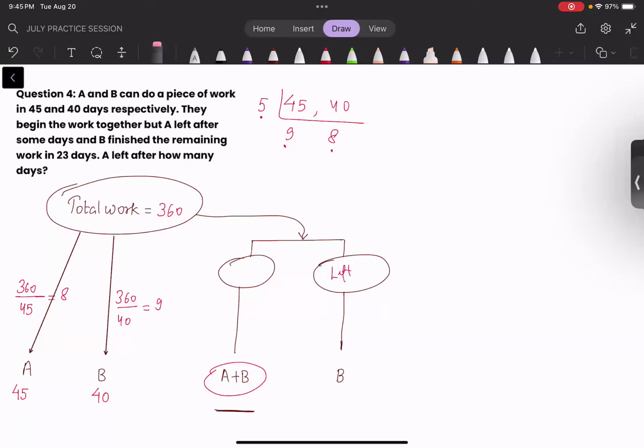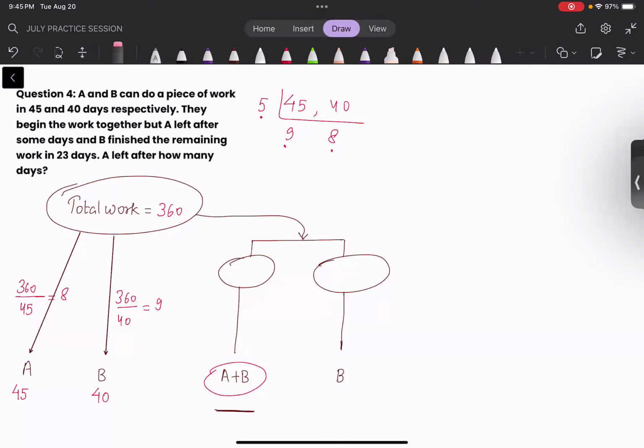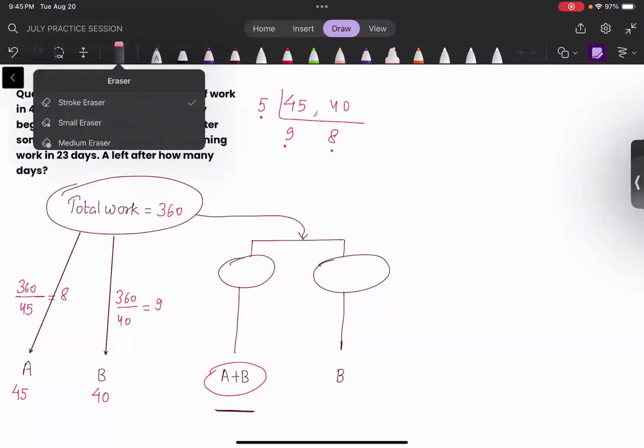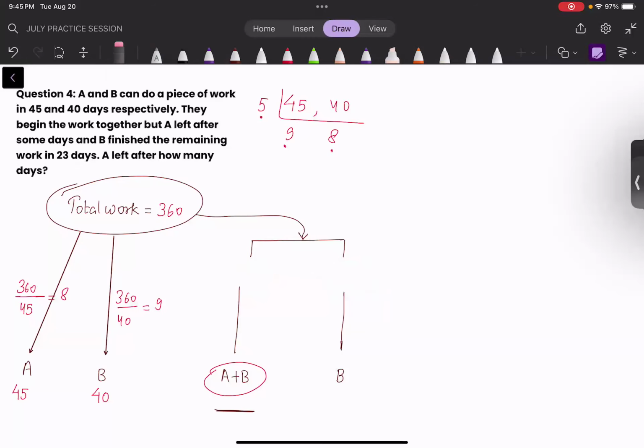So we have to observe now and carefully see. So tell me please, what do you know in this? 23 days. Okay. So B finished the remaining work in 23 days. Can I say this is 23 days?